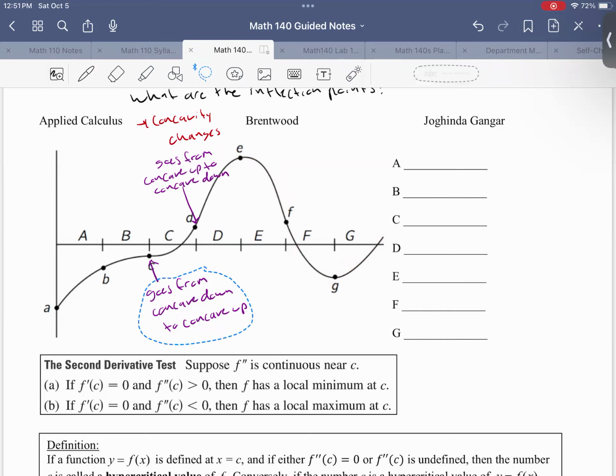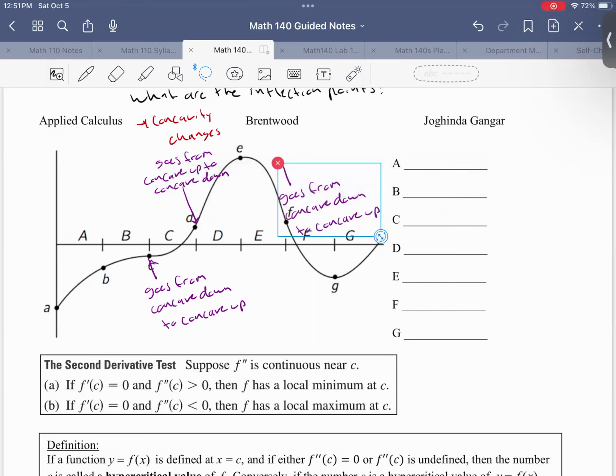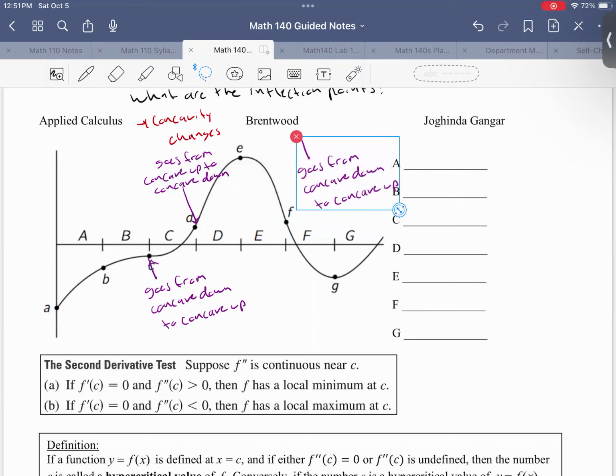At F. Okay, so if we go through these lists of points, we're talking about the points on here, A, B, C, D, E, F, G. We're just referring to these ones right here.